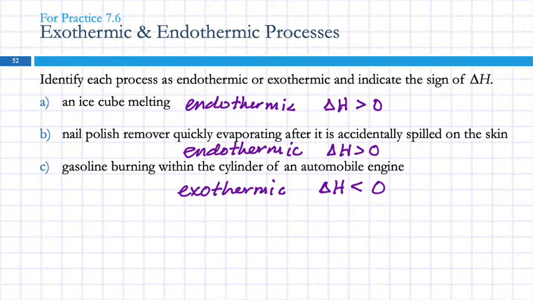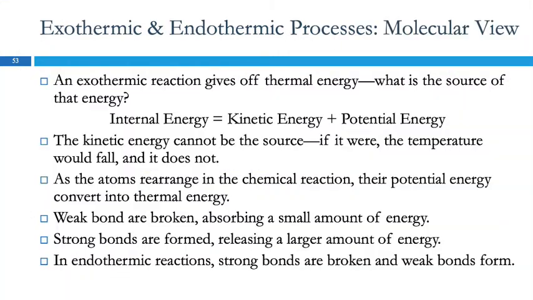And with these things, it's good to just take a step back and think about it, right? Because it can get confusing. Okay, so an exothermic reaction is giving off thermal energy. Where does it come from?